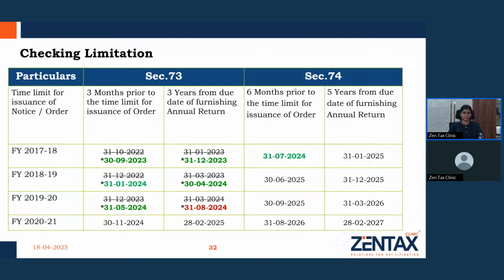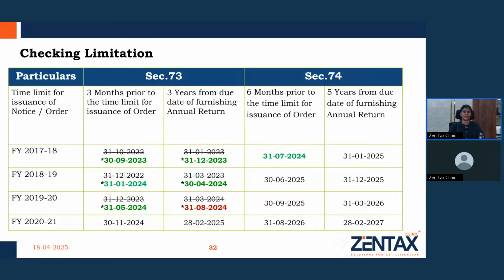For financial year 18-19, under section 73, the time limit has expired. For financial year 19-20 also, the time limit has expired. For 2021 also, the time limit has expired. However, under section 74, the time limit to issue the order is 5 years from the due date of furnishing annual return.